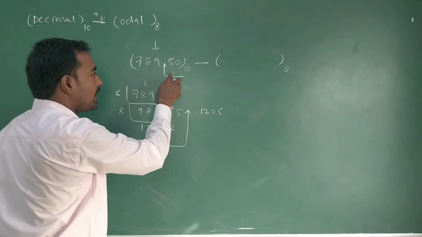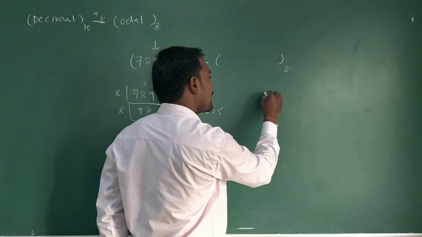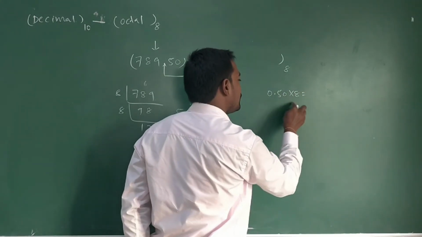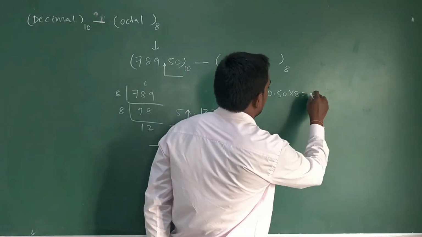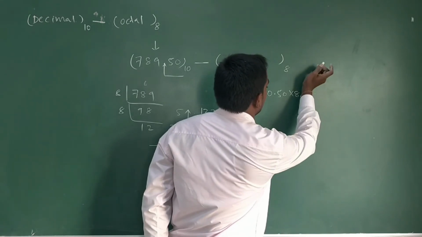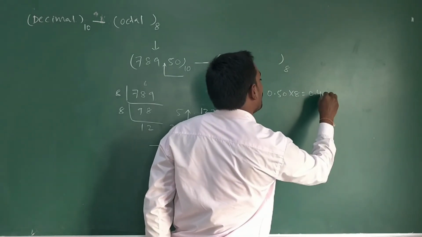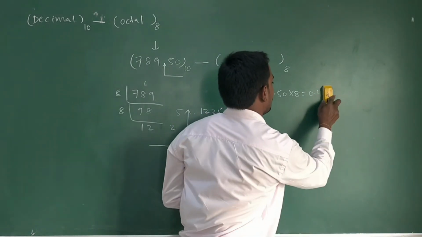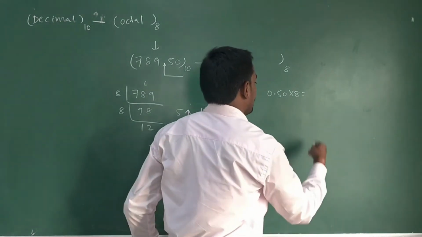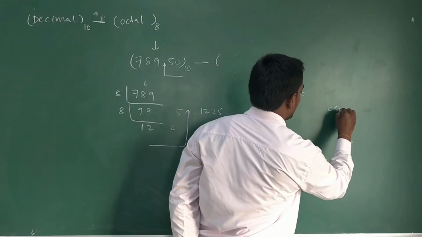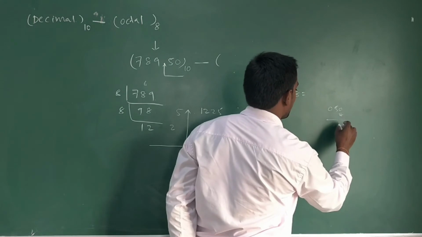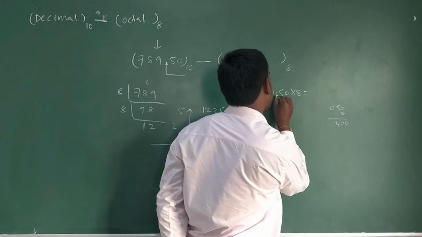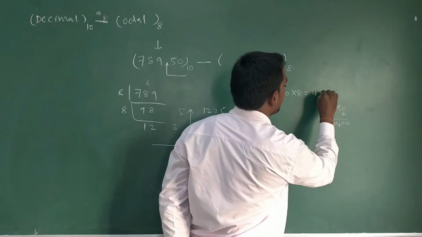And after the break point, we have to multiply 0.50 by 8. 0.50 times 8 is equal to 4.00.